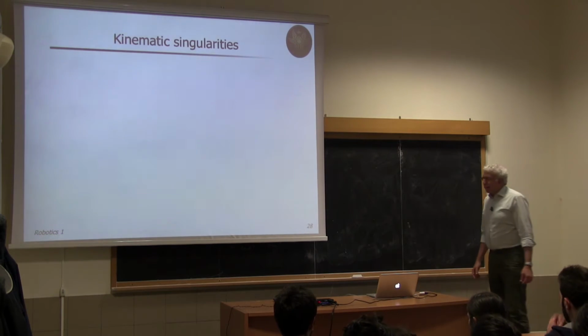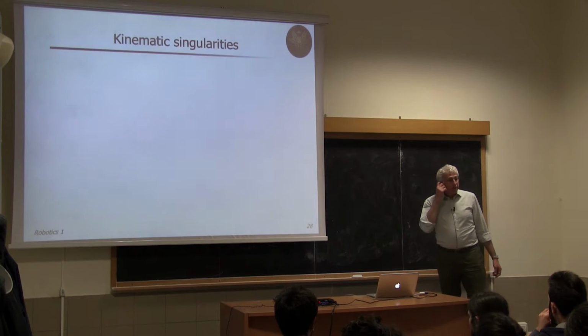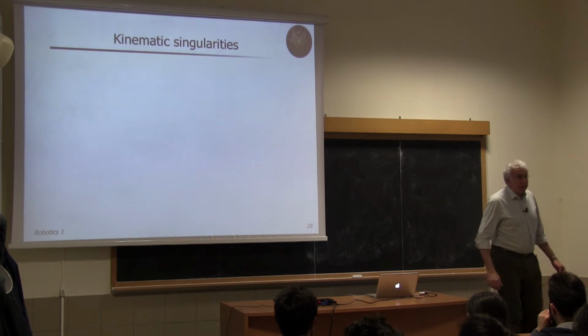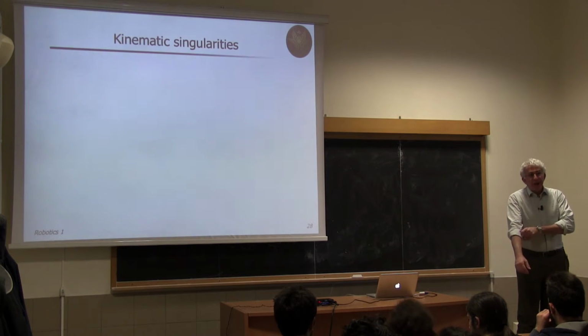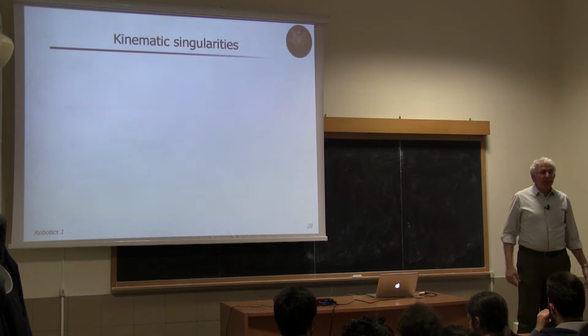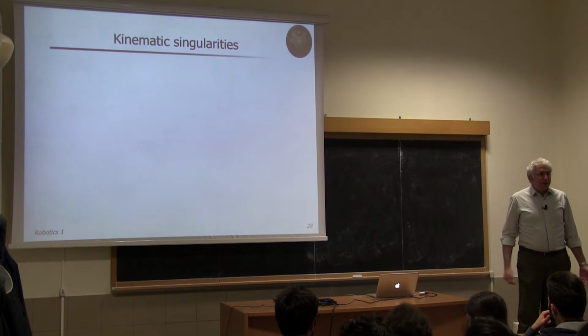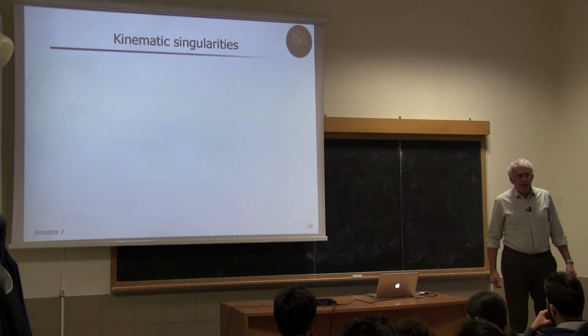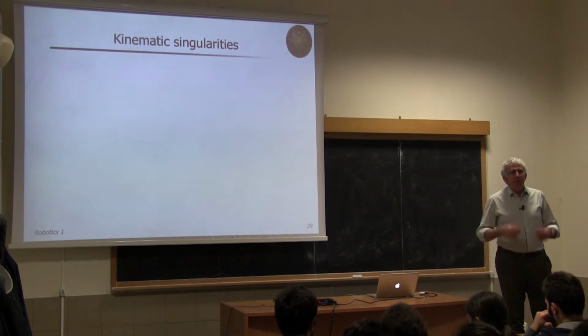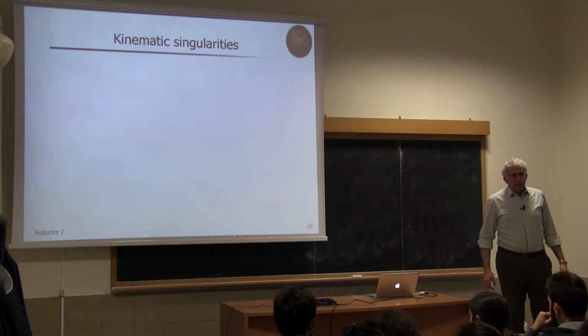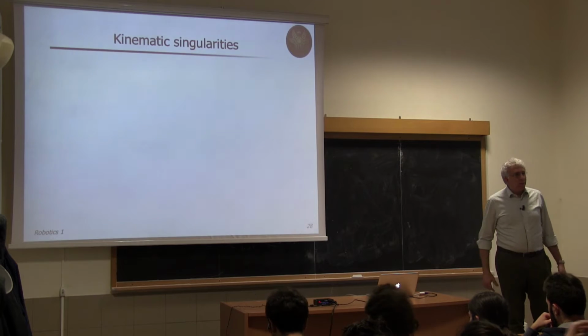We have seen that there are configurations where something strange happens, namely there is a loss of rank or there is a singularity of the Jacobian matrix if this matrix is square, and we have commented on a specific example using numbers that we may lose mobility.